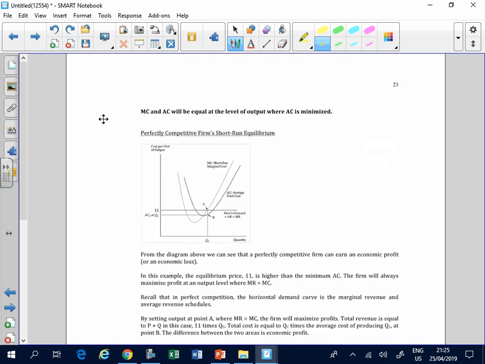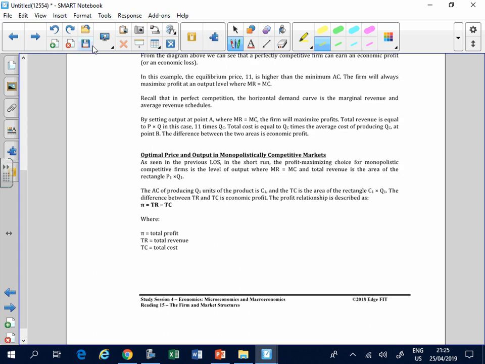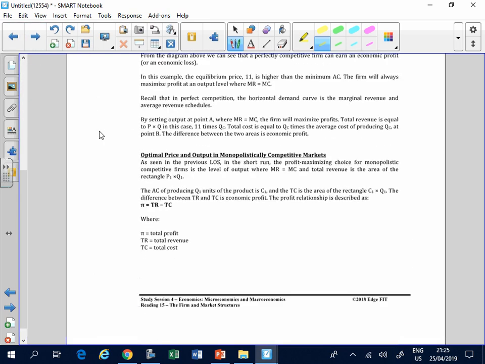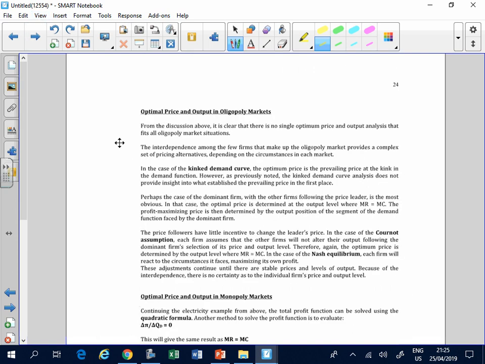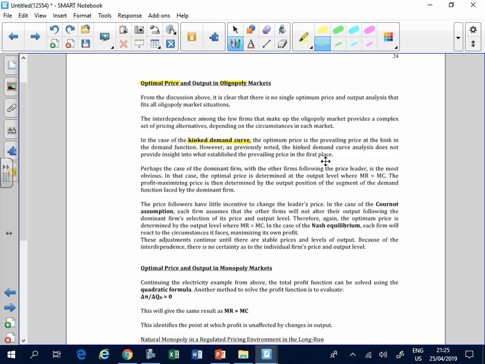Okay, I'm not going to explain that fixed costs don't vary with output. You've got that. We've talked about optimal price 1,000,000 times, no problem. I'm going to repeat this for the sake of it. Oligopoly, the optimal price is at the kink of the demand curve. I've said that twice now. I'm not going to bore you.